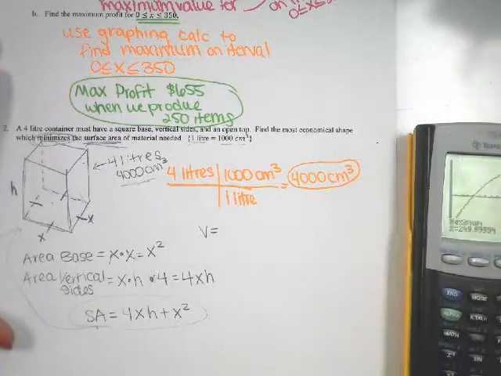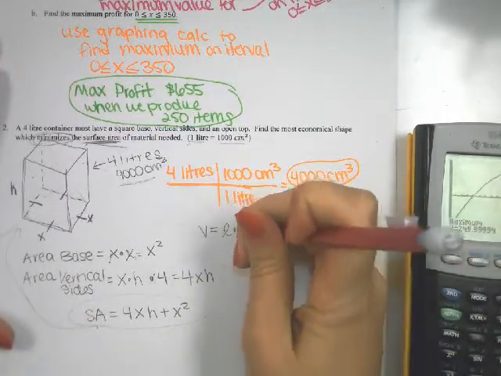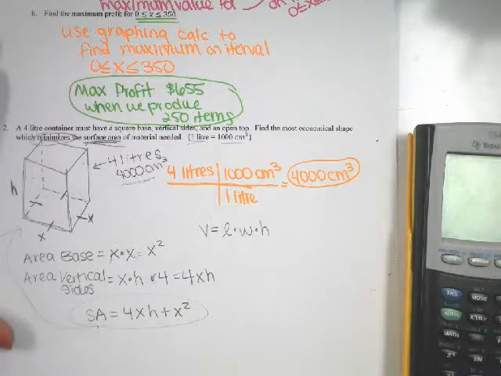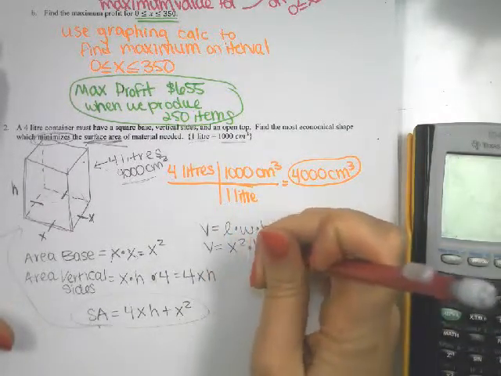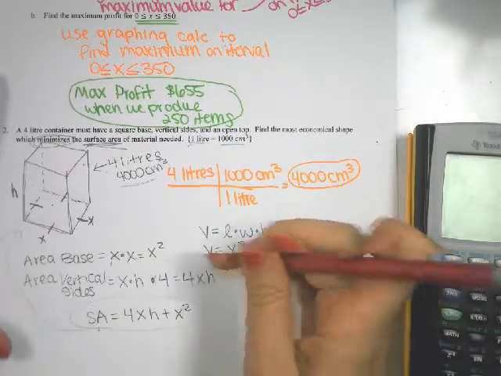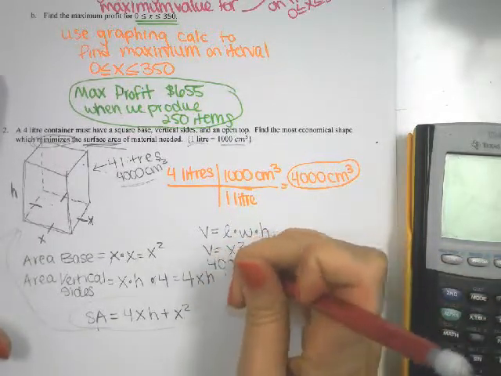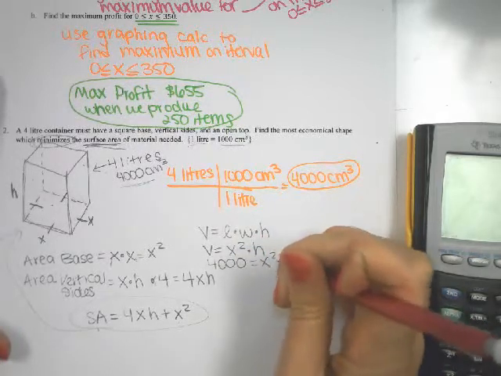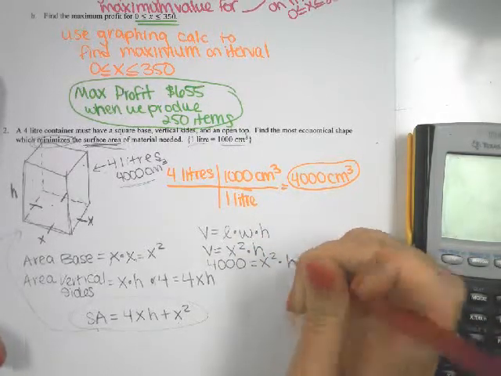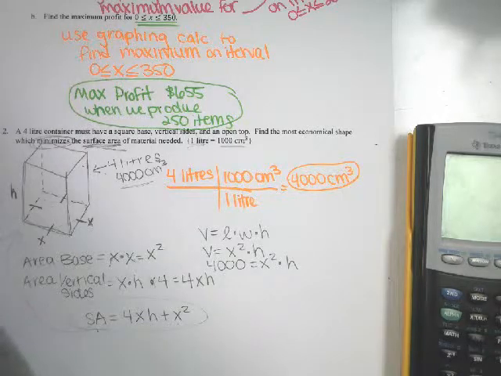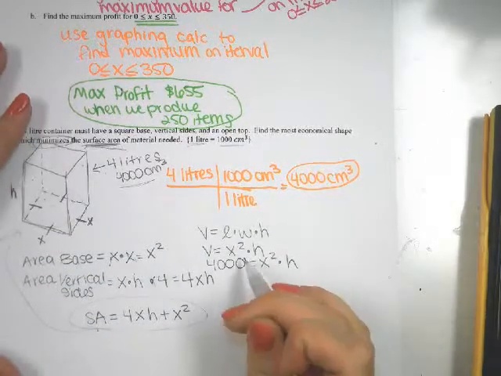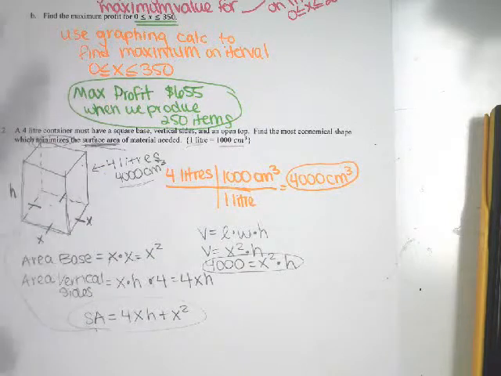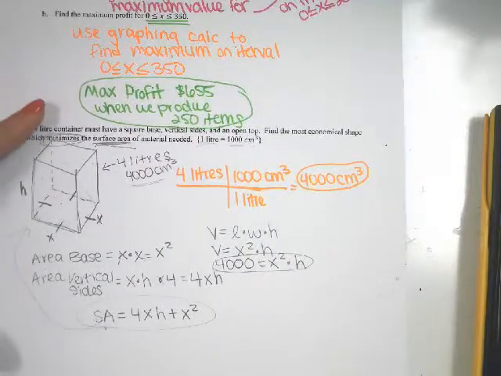The volume formula for a rectangular prism is length times width times height, so our volume equals x squared times h, and our volume is 4,000 cubic centimeters. It gets a little tricky because we have two equations with two variables, and we want to get down to one variable.